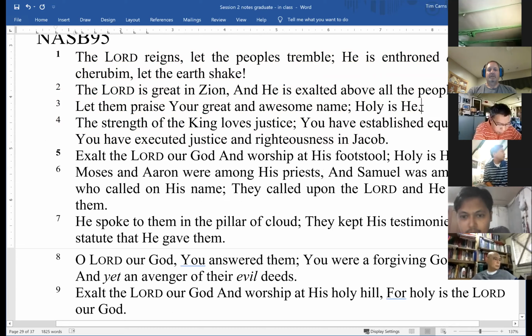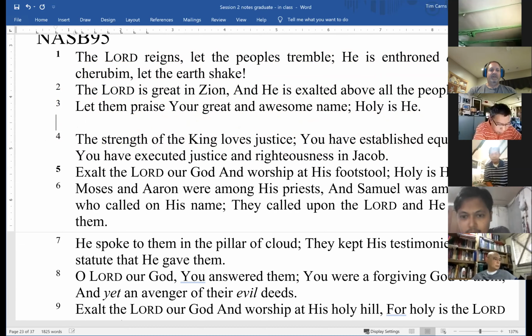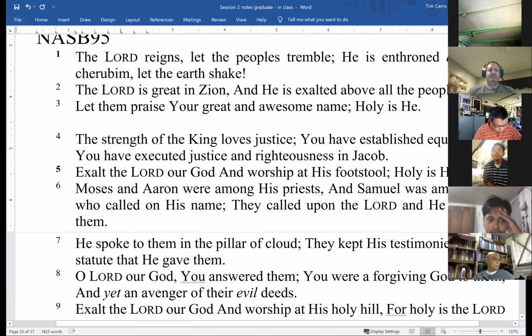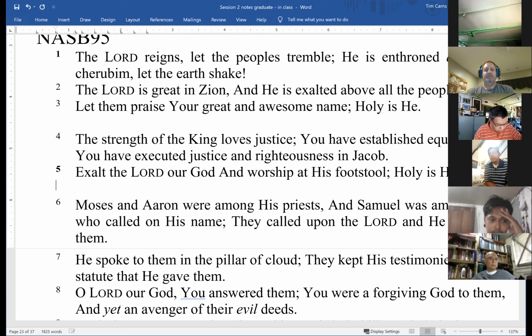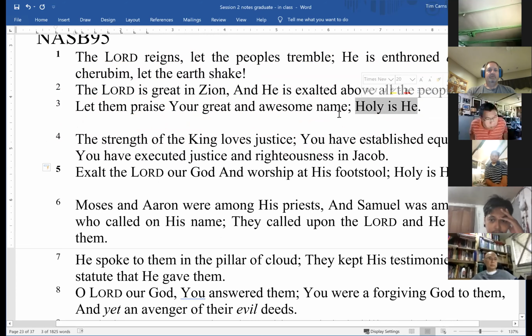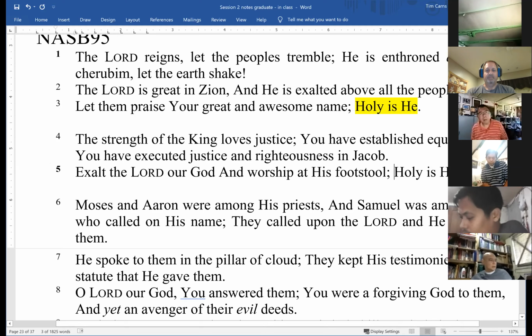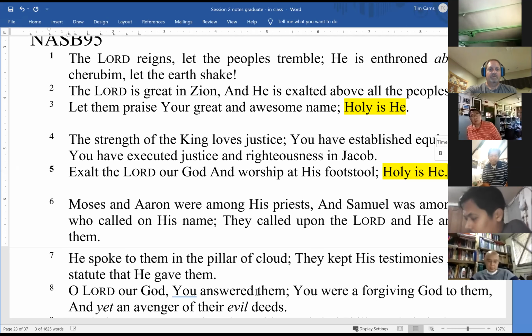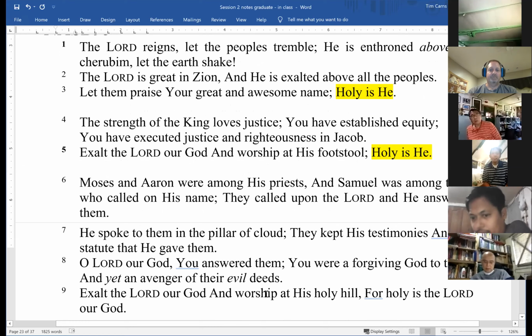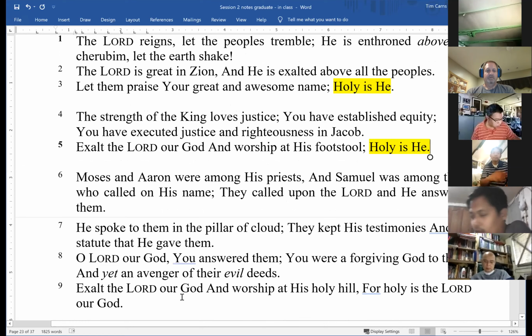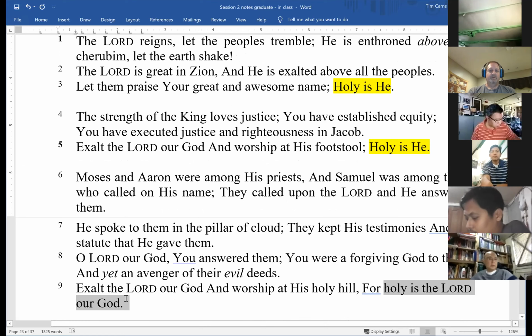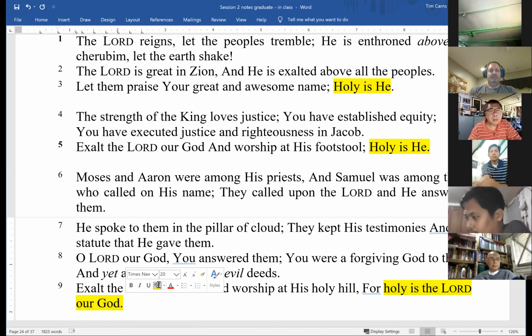So far, we have this as a proposal based on the structural markers, because we have the last word, "holy is he." Try to highlight that. I'm sorry, guys. Can you all see this? Yeah. All right.